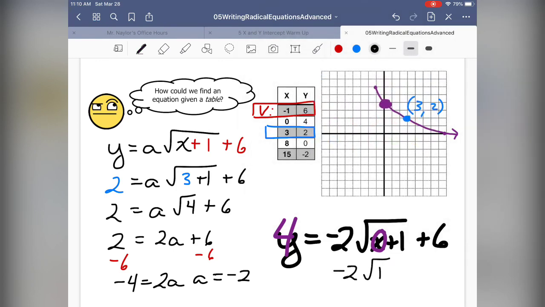That can be done. The square root of 1 is still 1. So that comes out to be just -2 times 1 plus 6. And yes, that does equal 4. Simply, we have confidence that our answer is correct. All right, so we end up with y equals -2 the square root of x plus 1, plus 6.